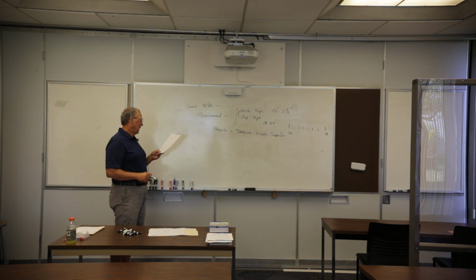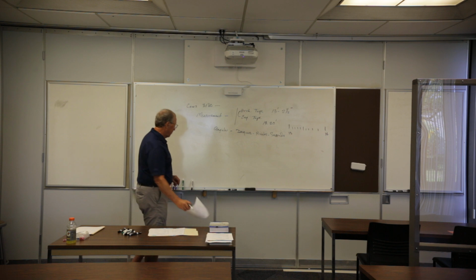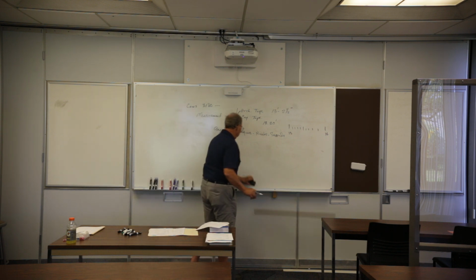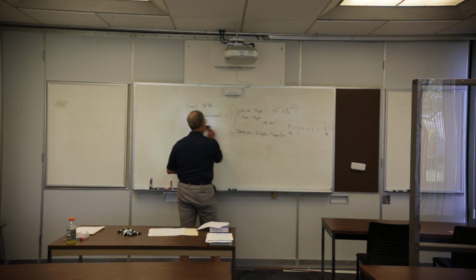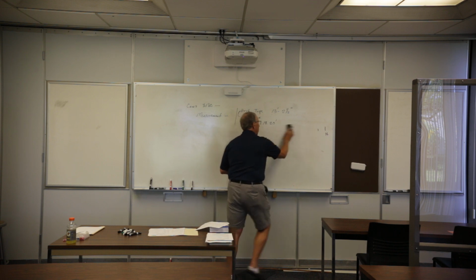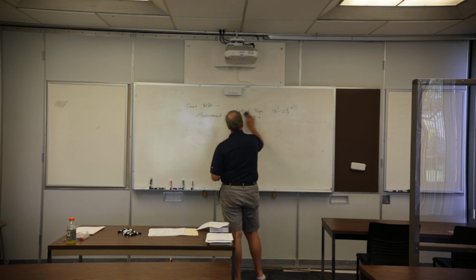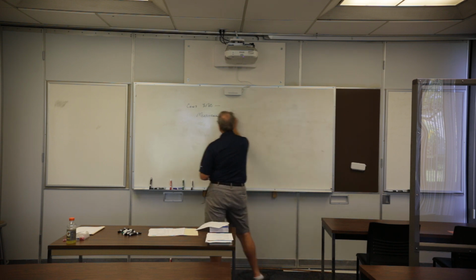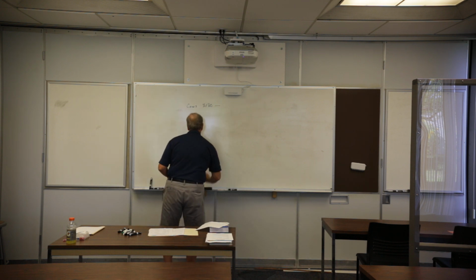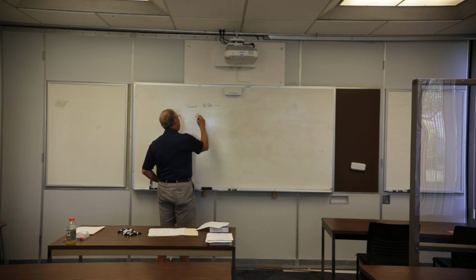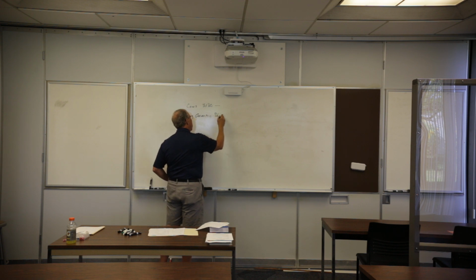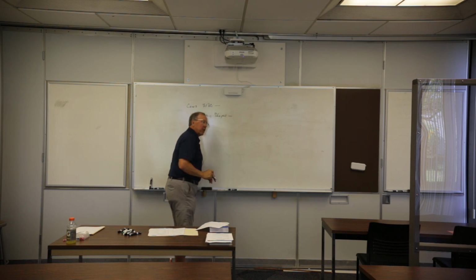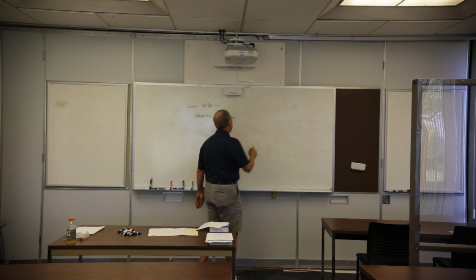Okay, we've got geometric shapes. You've got to be familiar with geometric shapes. Geometric shapes that we'll be dealing with, there's several of them. The simplest one is a square or rectangle.